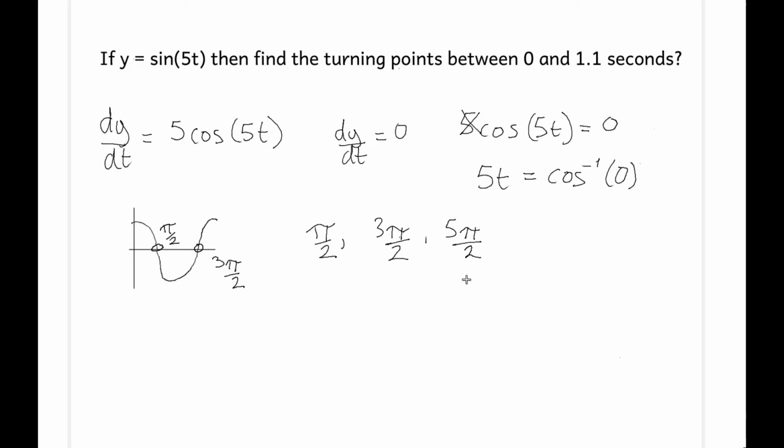If I do some rearranging, I've now got 5t equals, if I take my first one here, pi divided by 2. So therefore t must equal pi divided by 10.